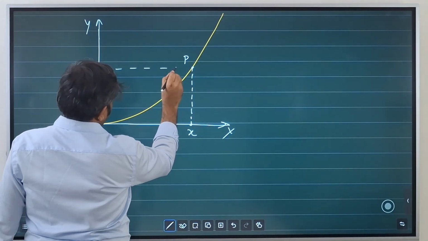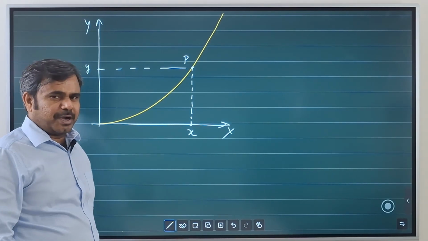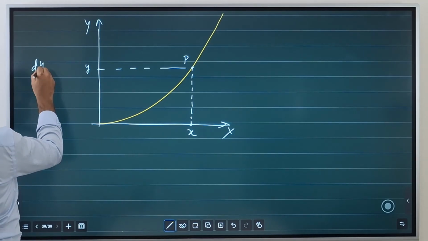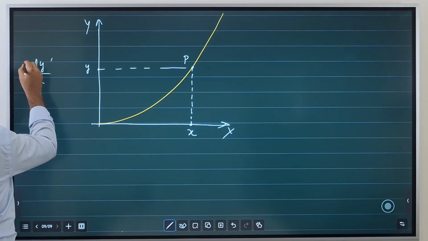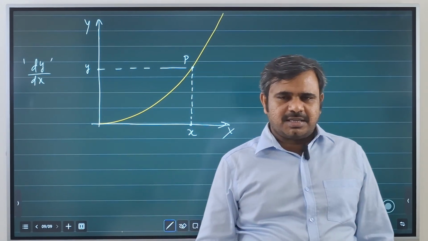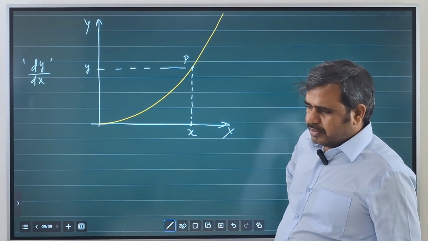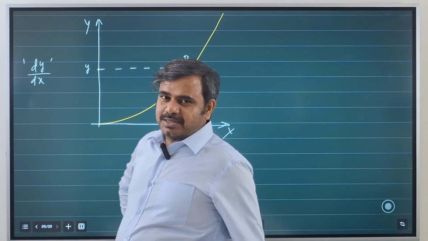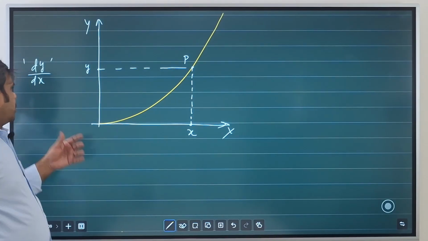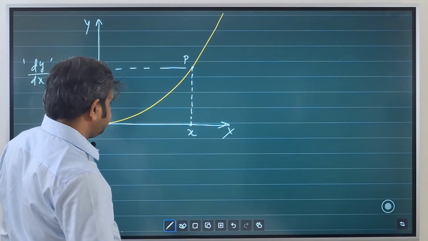The x coordinate of point P is x, the y coordinate of point P is y. Now we want to understand what dy by dx means on the graph. What is dx? dx is an infinitesimally small change in x, a change in x that is very close to 0 but not equal to 0. What is dy? dy is again an infinitesimally small change in y.